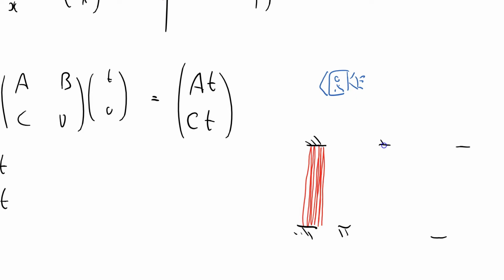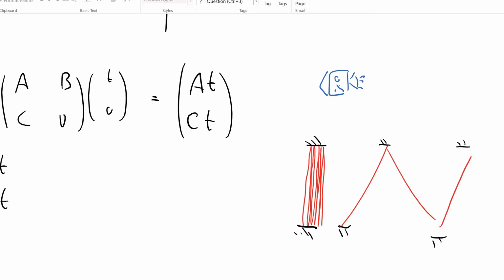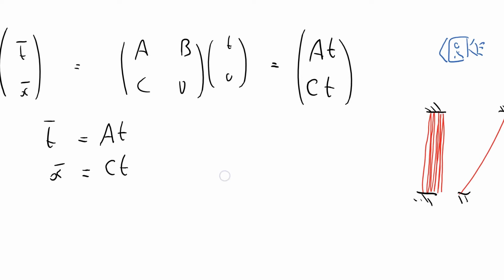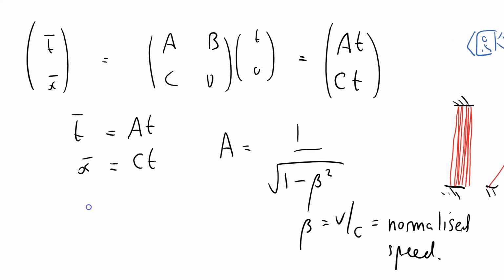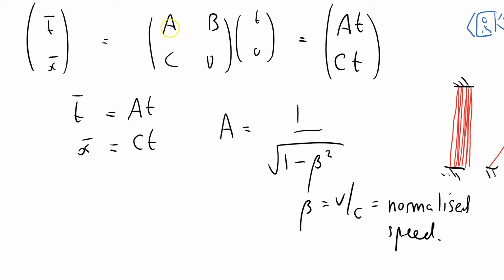There are the mirrors. It's the same mirrors, just observed by this chap in his spaceship, and the light beam is doing that diagonal path. That means we know A equals 1 over root 1 minus beta squared, where beta equals v over c, the normalized velocity or normalized speed. Whew. Okay, that's quite nice. So we've done A already.